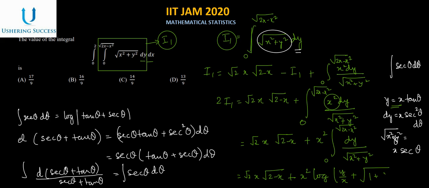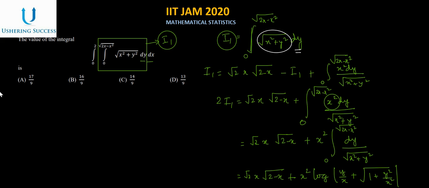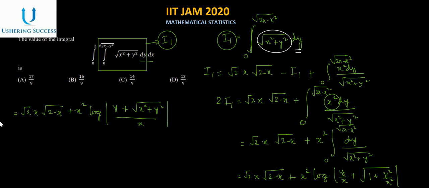That means 1 plus y square by x square, which can be written as root 2 x root over 2 minus x plus x square into log of y plus root over x square plus y square over x, and this is from 0 to root over 2x minus x square.